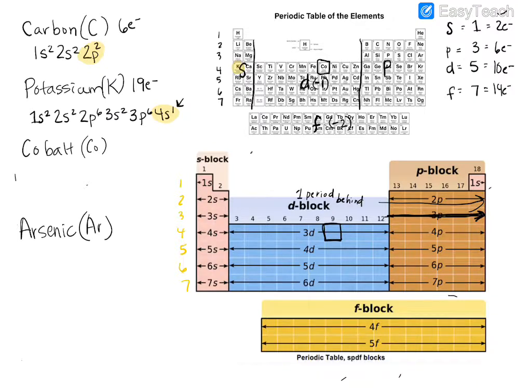So we're going to go 1s2, 2s2, 2p6, 3s2, 3p6, and then we are now entering period 4, so we go 4s2, and then we enter the 3d after 4s is filled, and we are 1, 2, 3, 4, 5, 6, 7, the 7th element in. So this is your electron configuration for cobalt.